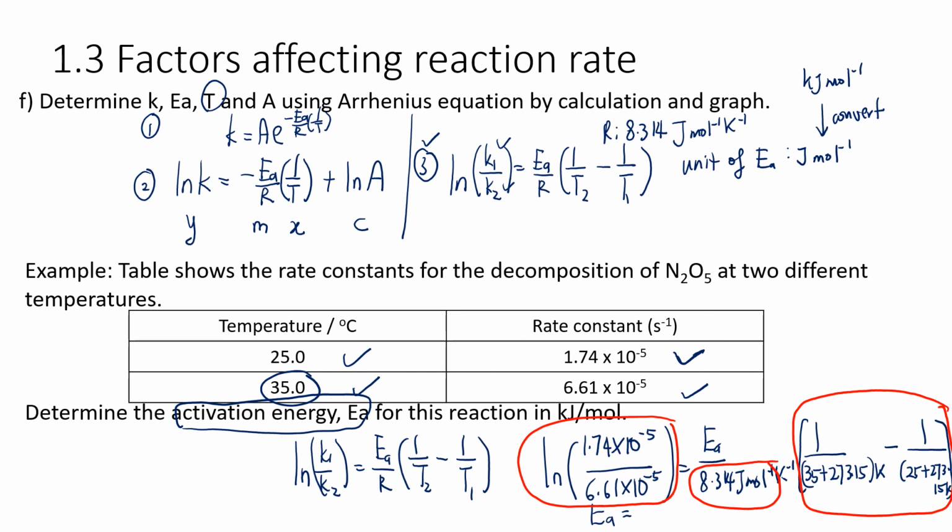So EA is equal to 101,951 joule per mole. For activation energy, we need to write the unit in kilojoule per mole. Therefore, we divide by 1000 to give the activation energy as 101.951 kilojoule per mole.